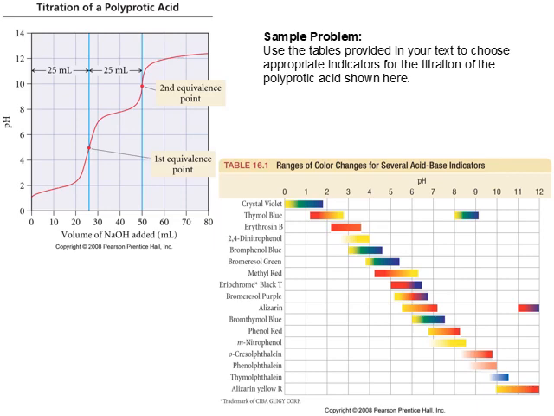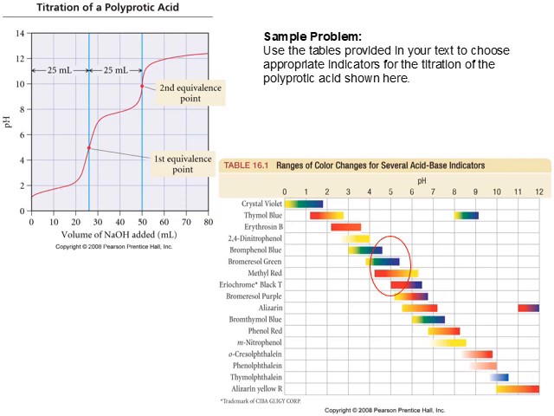If we look at the pH value of the first equivalence point, it's about pH 5. So we want to choose an indicator that has a pKa or a color change around pH 5. Bromcresol green, methyl red, or even Eriochrome Black T would probably work just fine to identify the first equivalence point.